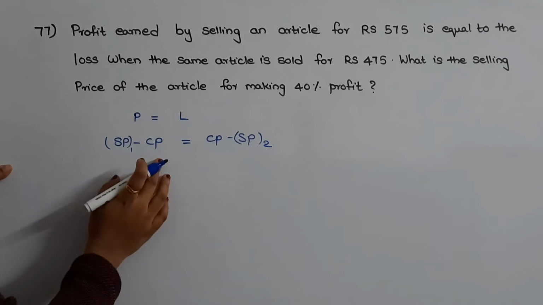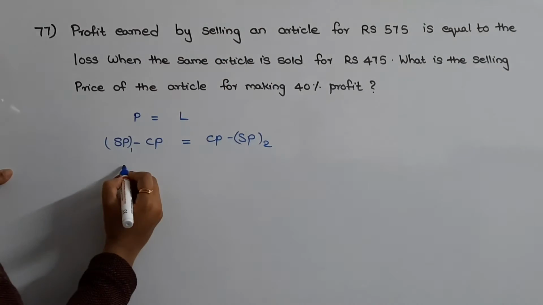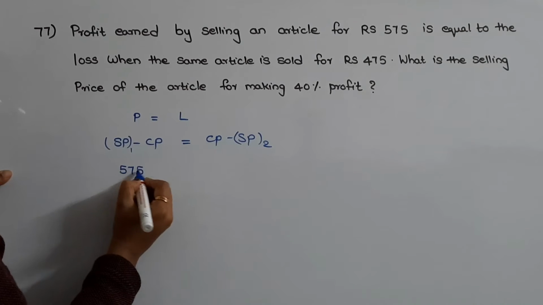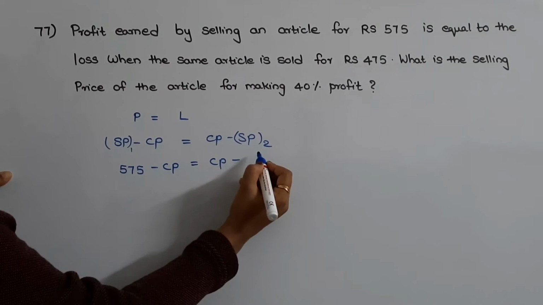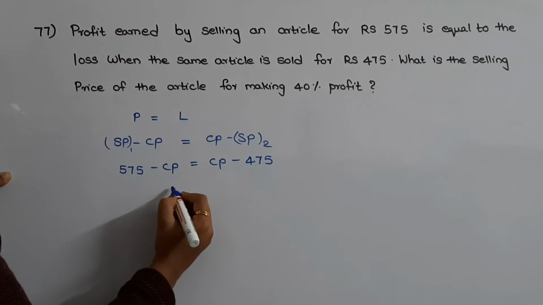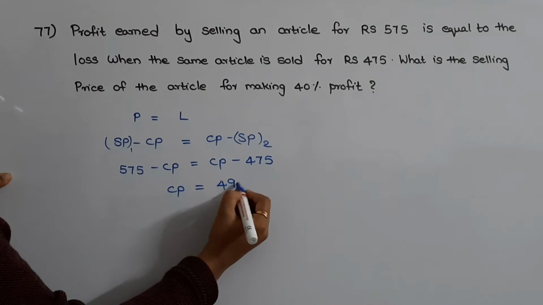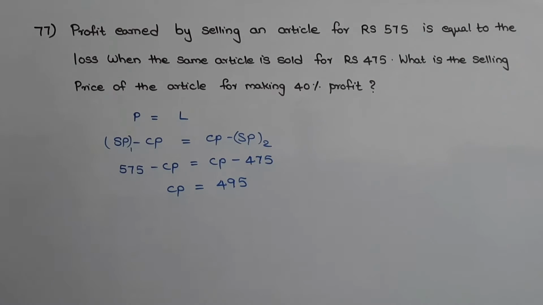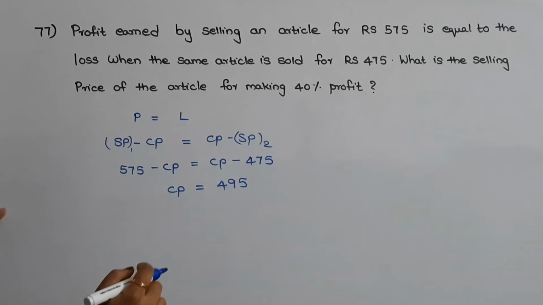So we need to find the cost price by substituting the values of selling price. In the first case, 575 minus cost price is equal to cost price minus the selling price in the second case, which is 475. On solving this we will get the cost price as 495.